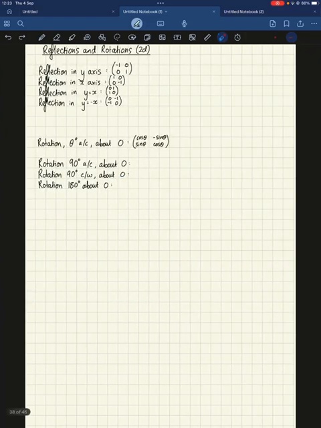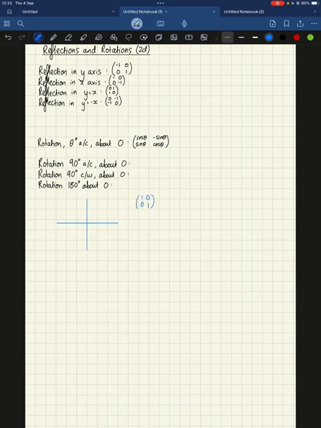If we want to rotate a point, how do we do that? Well, like always, let's start with our base vectors, 1 0 and 0 1 over here.